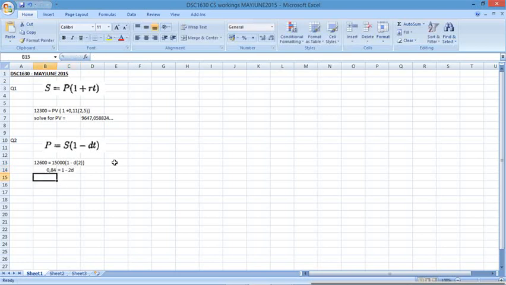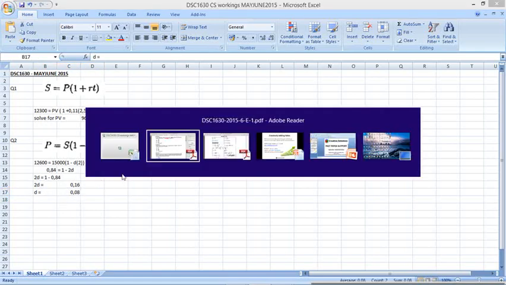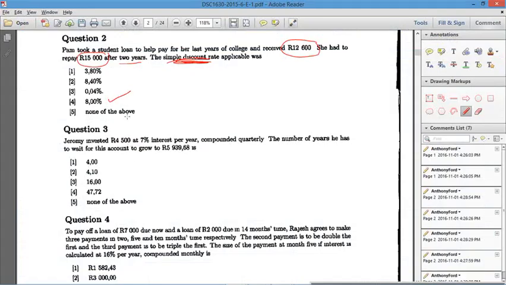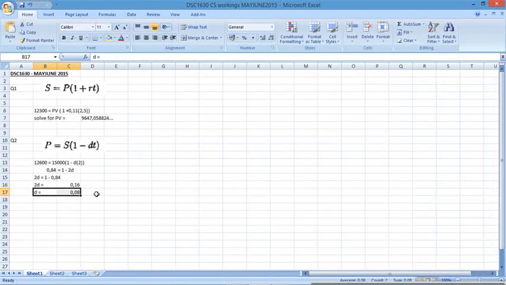Then 2D equals 1 minus 0.48. So 0.08 or 8%. Option number 4.